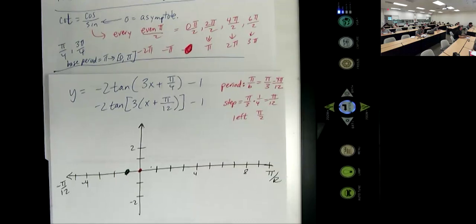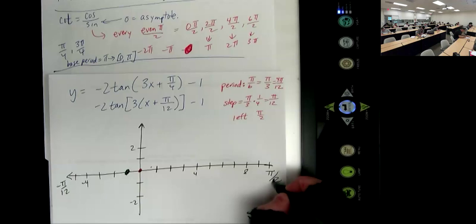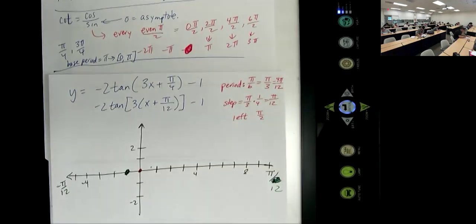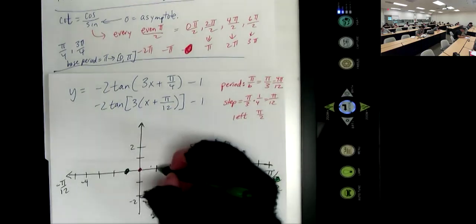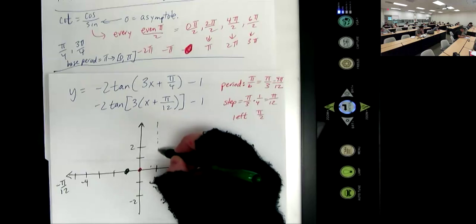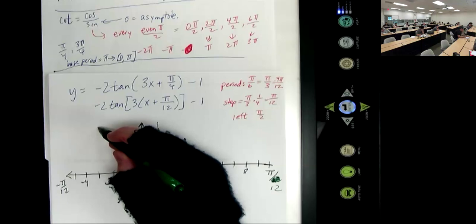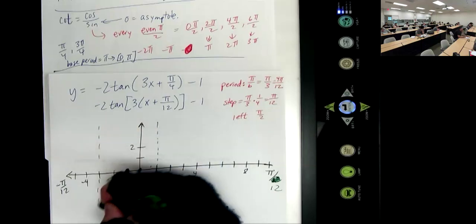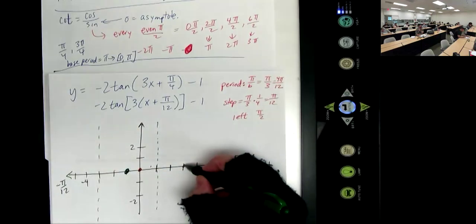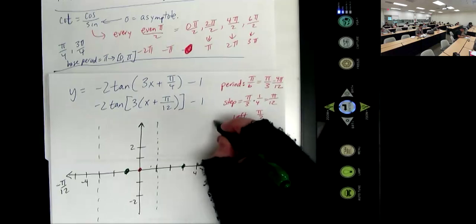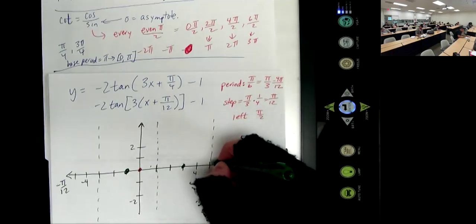I have designed this by making these steps of pi over 12. I just gotta count 2 in each direction and do an asymptote. 1, 2, asymptote. 1, 2, asymptote. And every 2 alternates either a 0 or an asymptote.